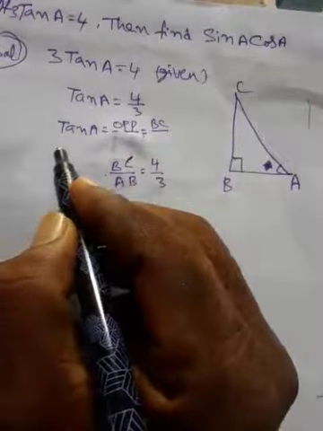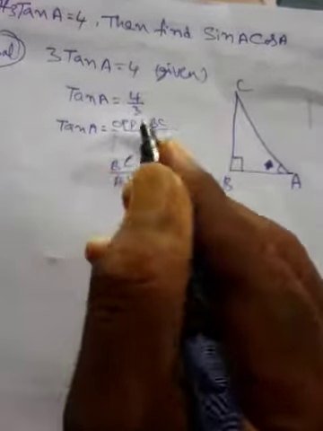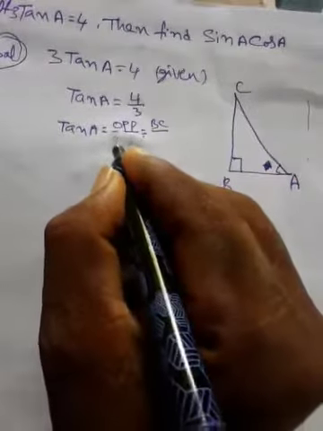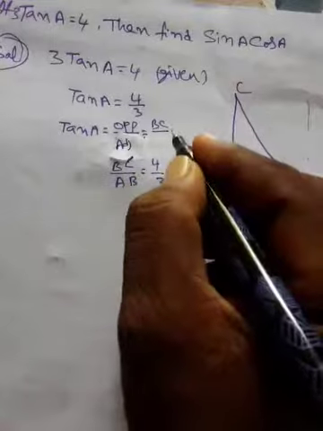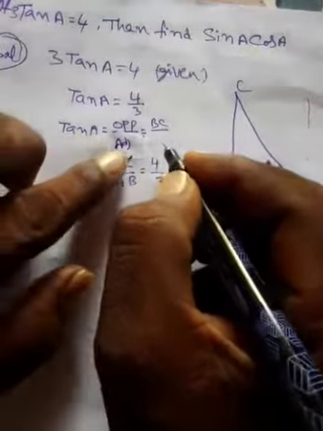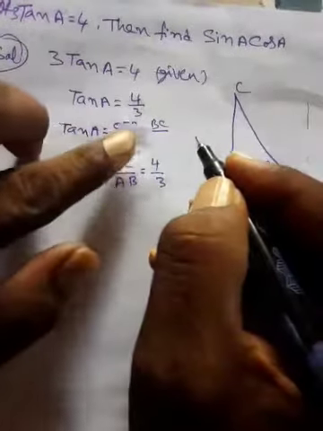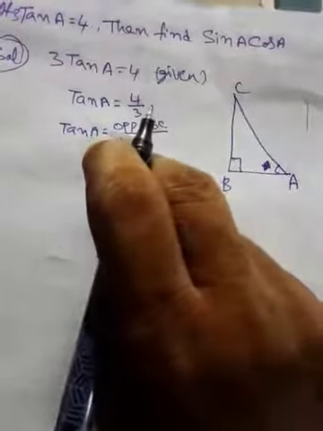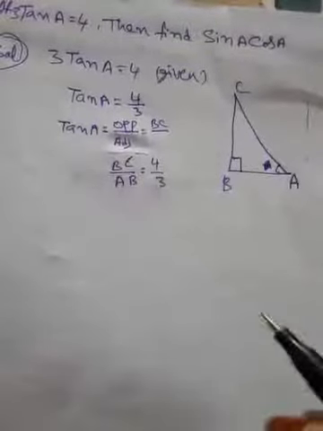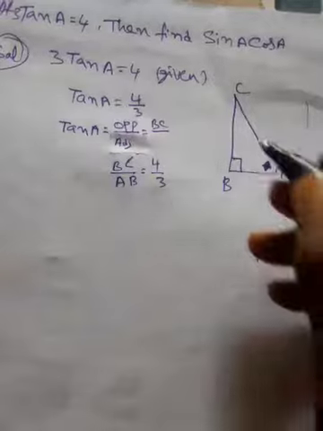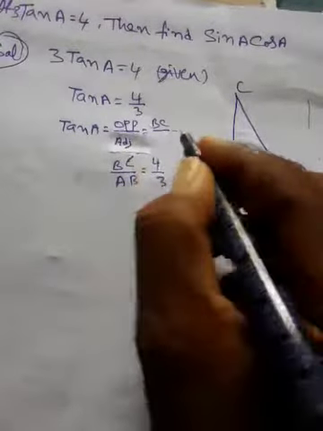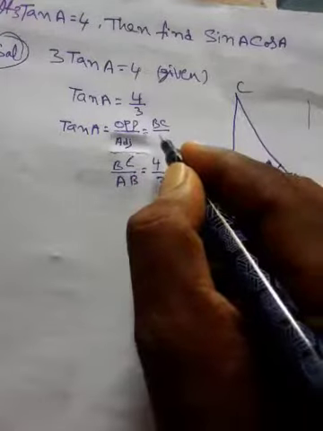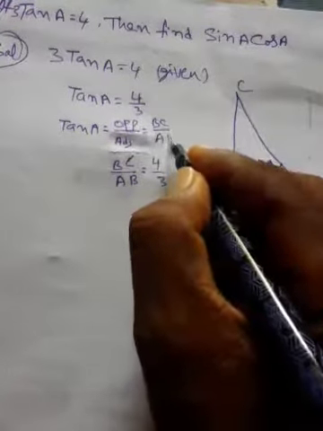We know the trigonometric value tan A is equal to opposite side by adjacent side. So what is the opposite side to A? BC by AB.